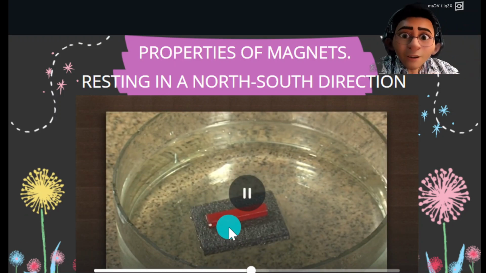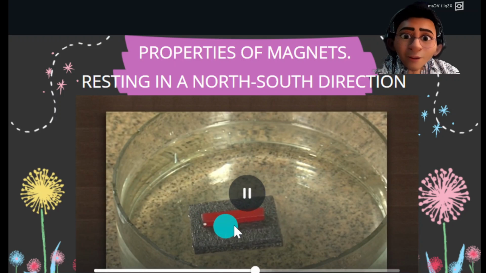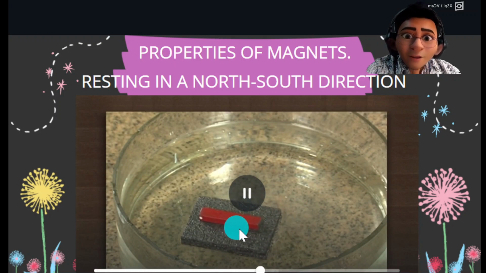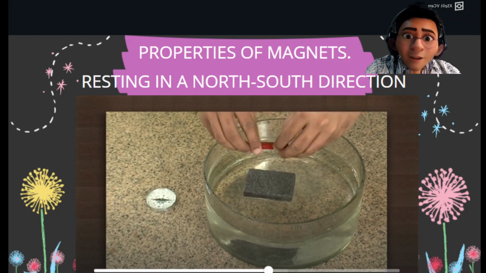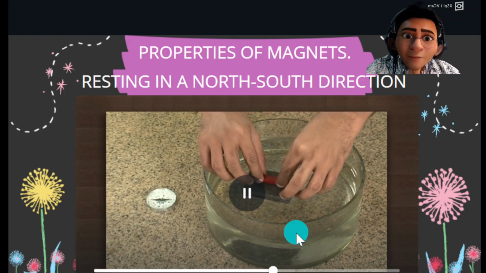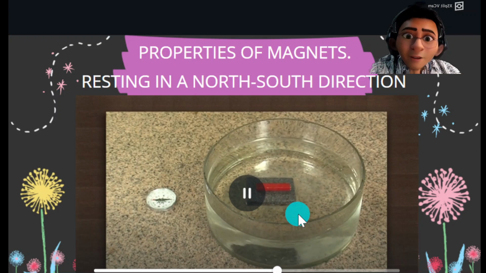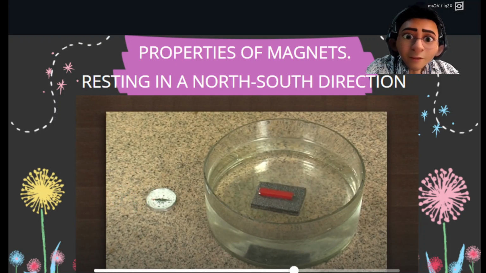Look, there's no south, no north here. Just red everything. Note the direction. See? Take the magnet and turn it around and see what happens. I think here the compass shows north is here. The float turns again and settles in the same direction.